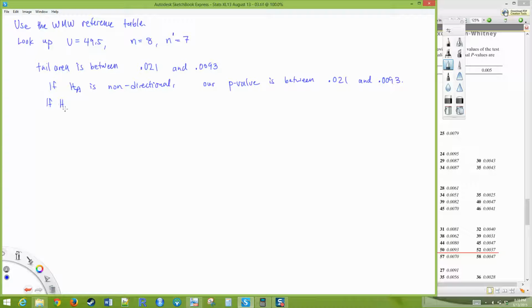If the alternative is directional and directionality is met, our p-value is between 0.021 divided by 2, so 0.0105, and 0.0093 divided by 2, which is 0.00465.